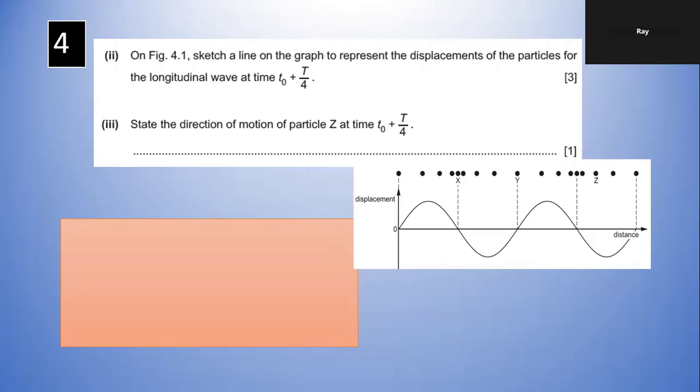Draw on a graph to represent the displacement of particle a quarter of a period later. So if this is the initial one, then it will be that way. A quarter of a period, it becomes zero to the maximum level. State the direction of particle at that time, that is here.